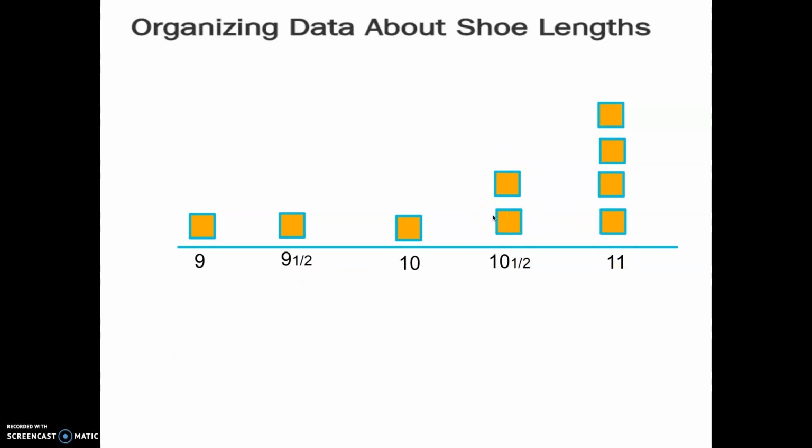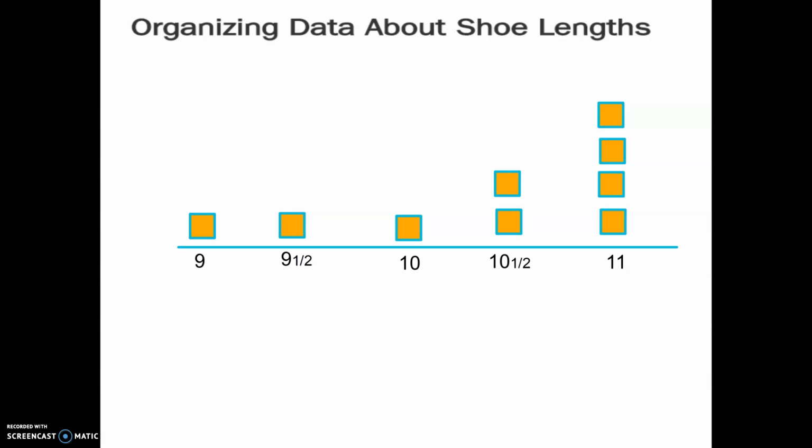Okay? So I have one person in my family with a 9-inch shoe, one person with a 9.5 inch shoe, one with a 10-inch shoe, 2 with a 10.5-inch shoe and 4 with an 11-inch shoe.